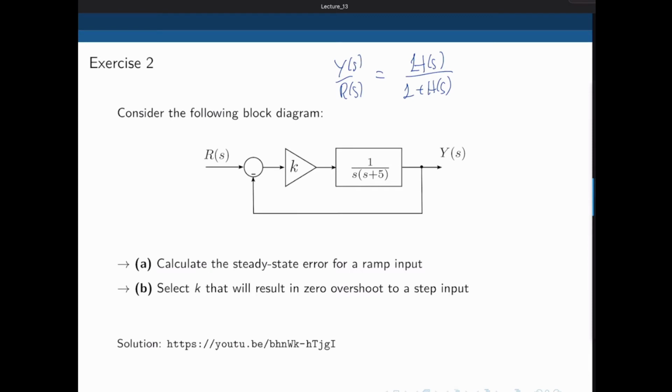So there's a combination of zeta and omega n. So that means the first time it reaches the expected value will be faster, but it will take longer for the oscillation to settle down, right? Correct. Okay, thank you.